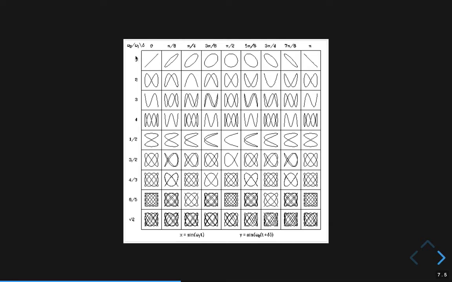And with different ratios of the frequencies, it can generate different curves, and with different phi, the graph will become a different shape.